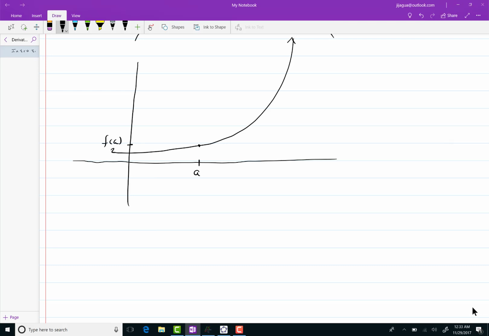In fact, this point right here is a comma f of a. Let me change that X looking thing to an a. Now pick any point somewhere not there. Let me go up here. I'll just call this some point x comma f of x, just like I had there.